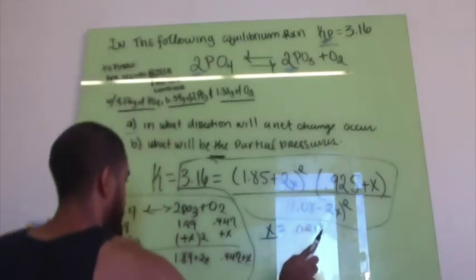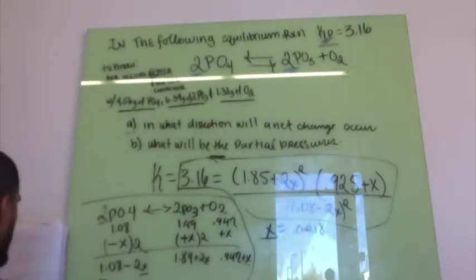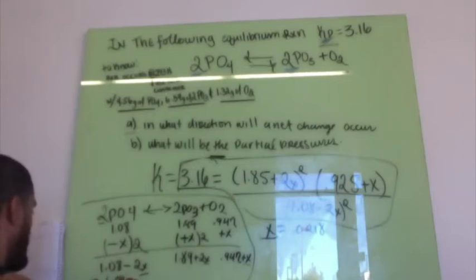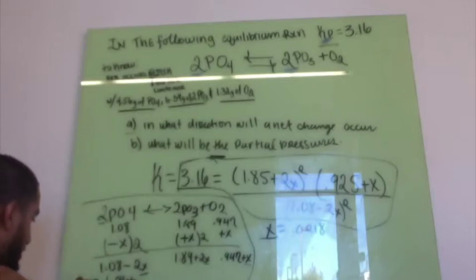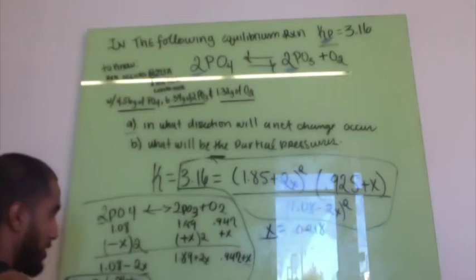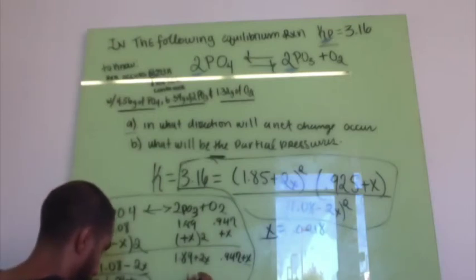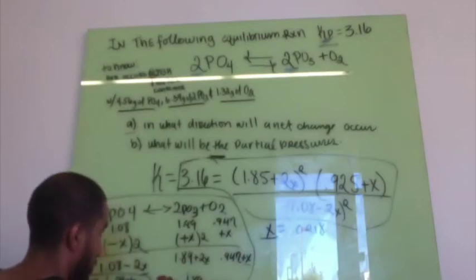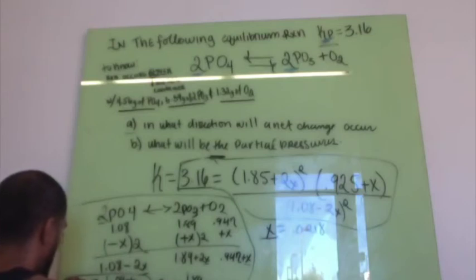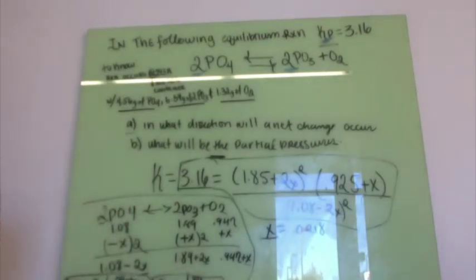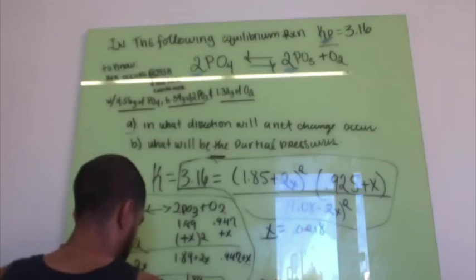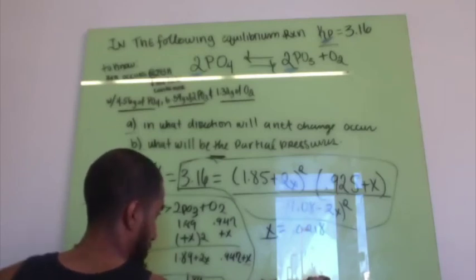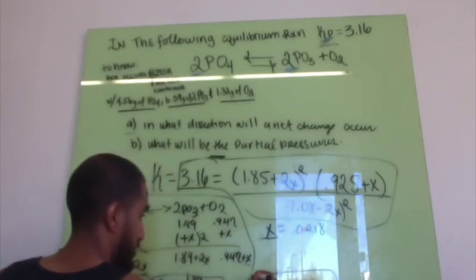If you plug this value into the X's here, you will get a pressure of 1.04 atm for PO4, 1.89 atm for PO3, and for O2, you'll get 1.47 atm.